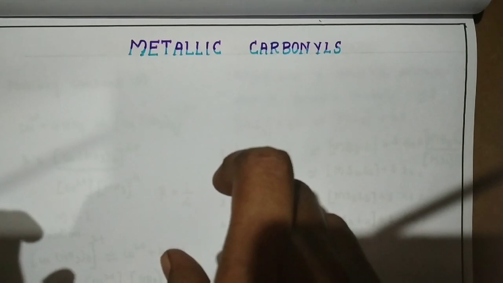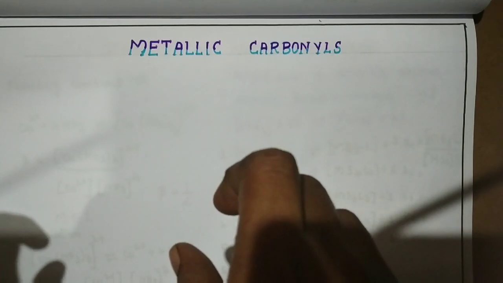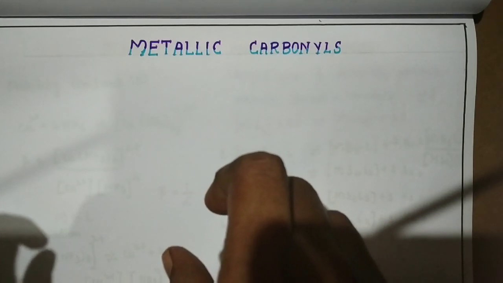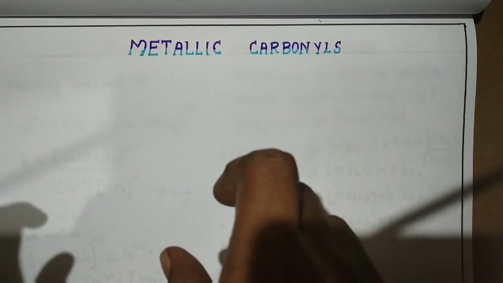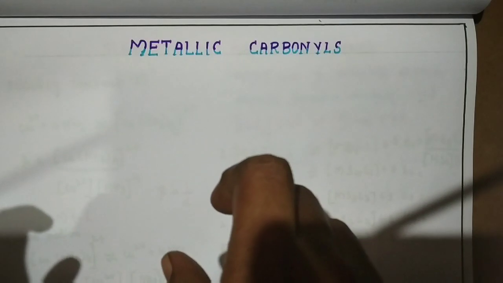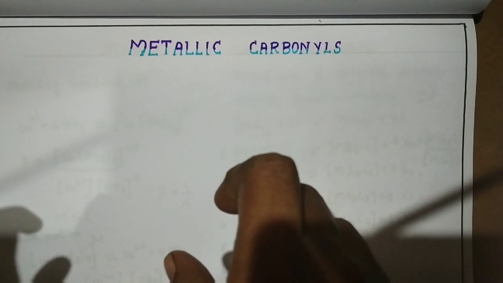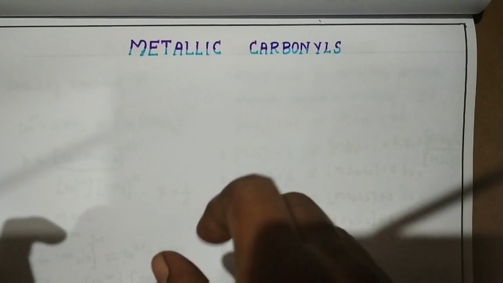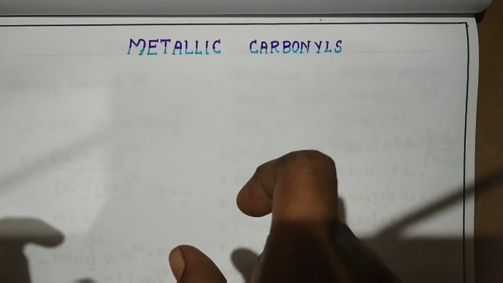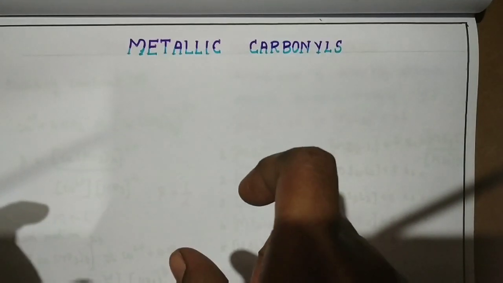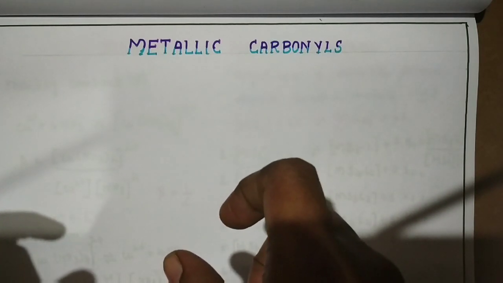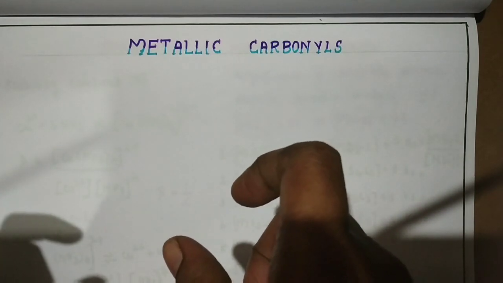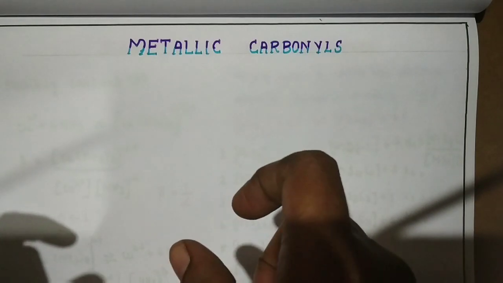The first homoleptic carbonyl, nickel tetracarbonyl, was introduced by Mond in 1890. These carbonyl compounds are industrially very important, because nickel acts as a catalyst.